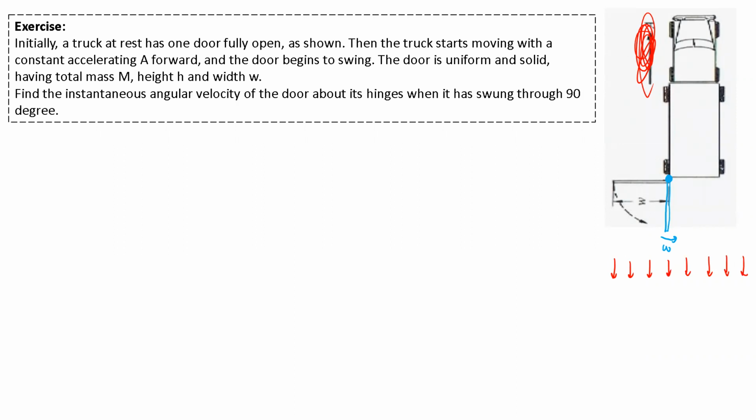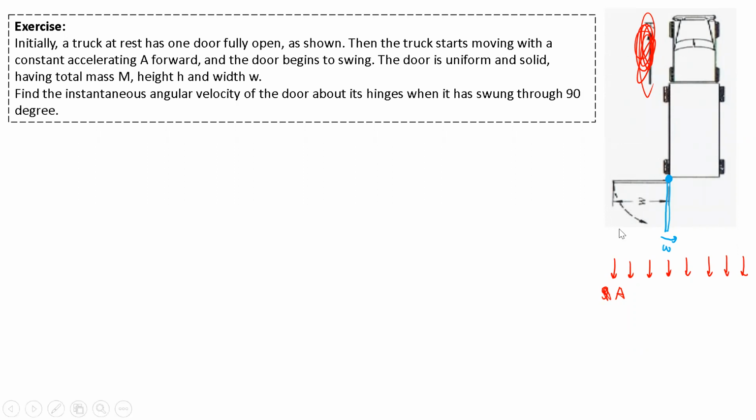Then you could again just imagine that this door is under the influence of an effective gravitational field. Of course, it's not small g, but a. So the acceleration due to this effective gravity is a, not g.